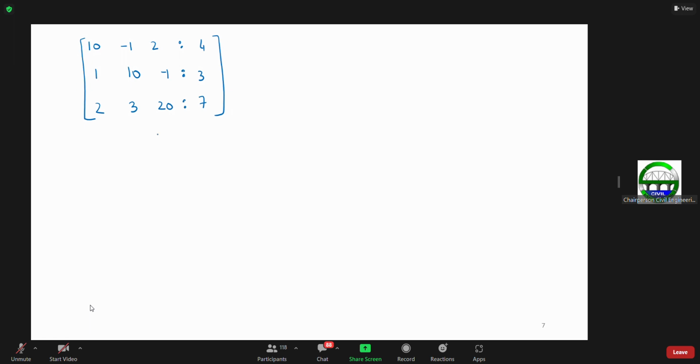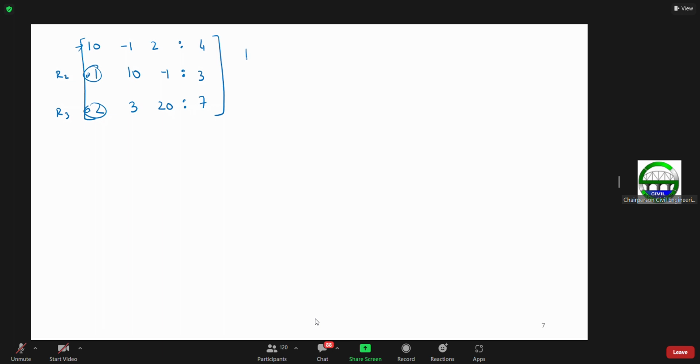What I'm gonna do, I have to make this one and this one 0. How can I make it 0? So always keep in mind, you have to make row 2 and row 3 equal to 0 in this one and this one using R1, right? How am I gonna do it?